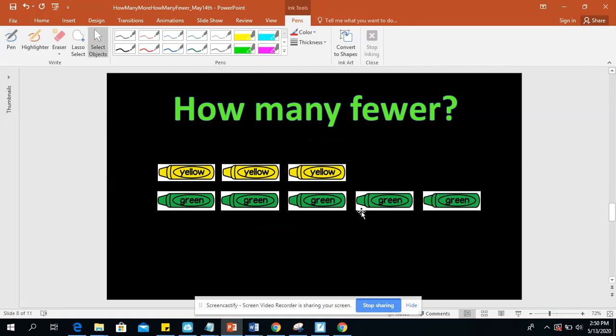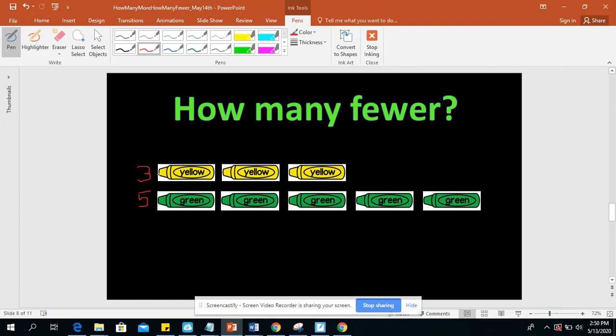Let's do one more. The question says, how many fewer? Well, we have some yellow crayons and green crayons. I see 3 yellow and 5 green. So which color do we have less of? Fewer means less of, or a smaller amount of.